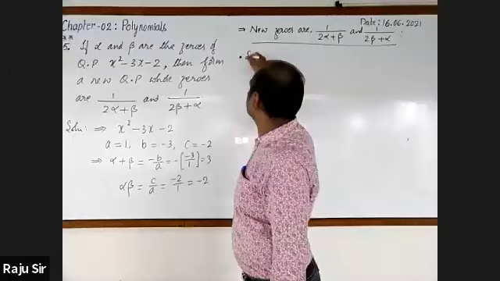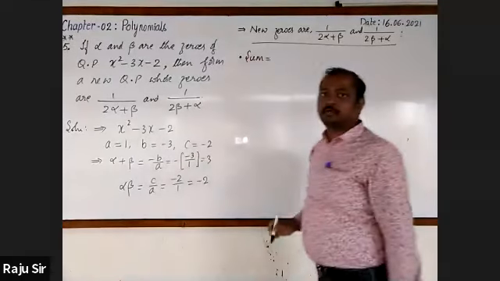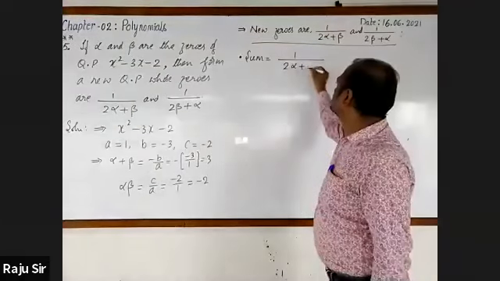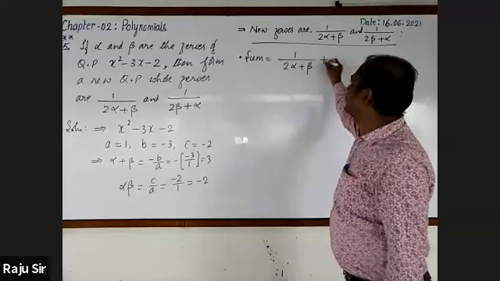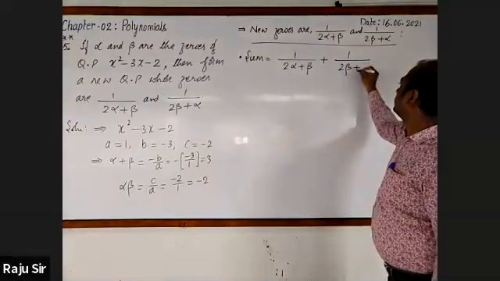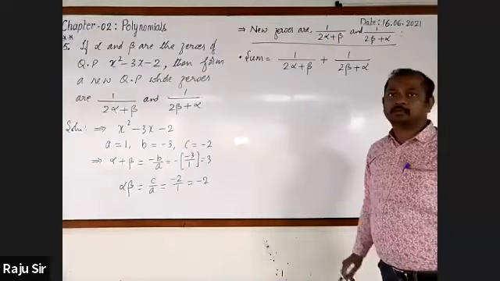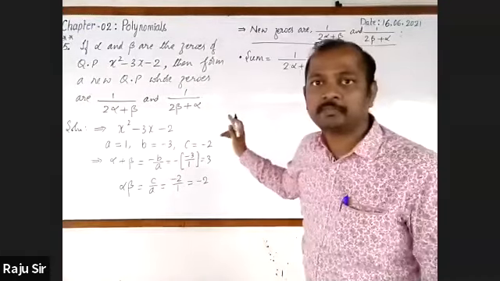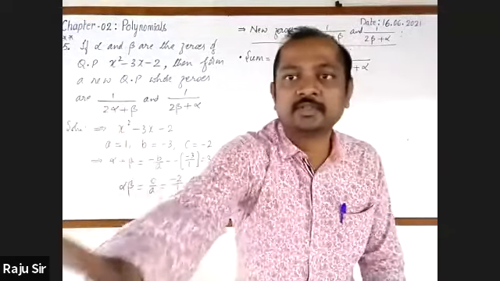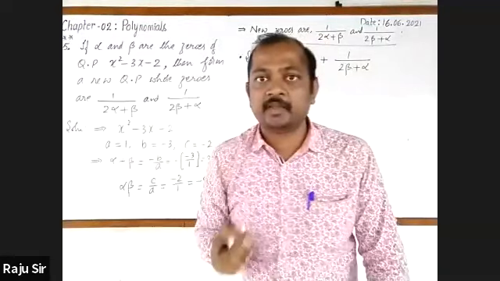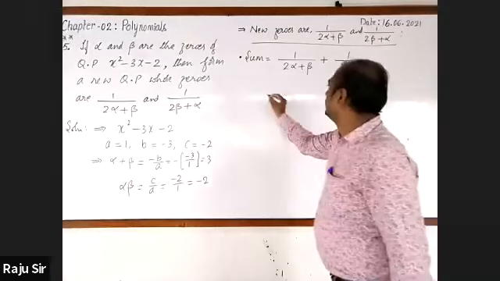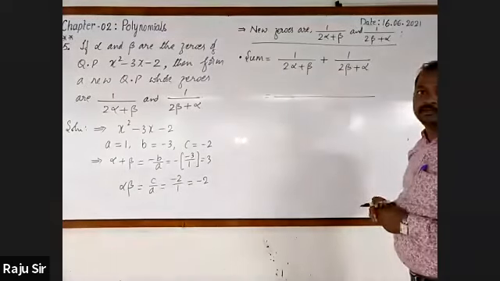Right, sum is equal to 1 by 2 alpha plus beta plus 1 by 2 beta plus alpha. Have you done the same? Good. Have you written the same? Good boy.